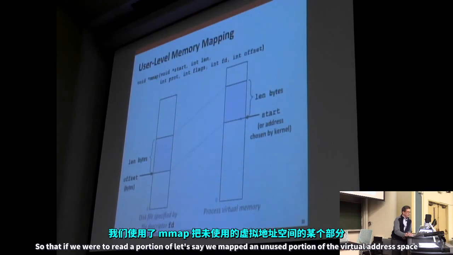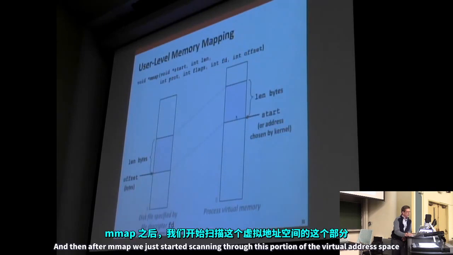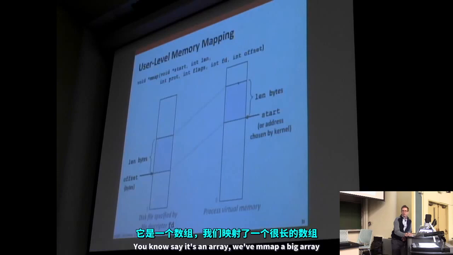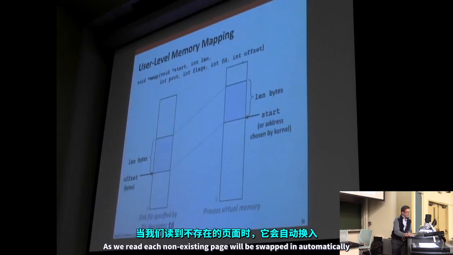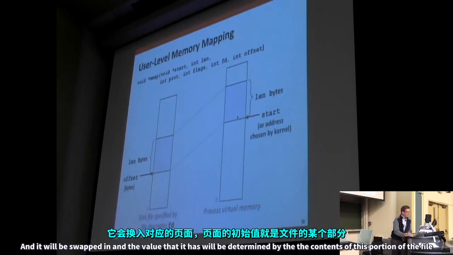So if we mapped an unused portion of the virtual address space using mmap, and then after mmap, we just started scanning through this portion of the virtual address space, you know, say it's an array, we've mmapped a big array, as we read, each non-existing page will be swapped in automatically. Okay, it'll trigger a page fault, and it'll be swapped in, and the value that it has will be determined by the contents of this portion of the file.